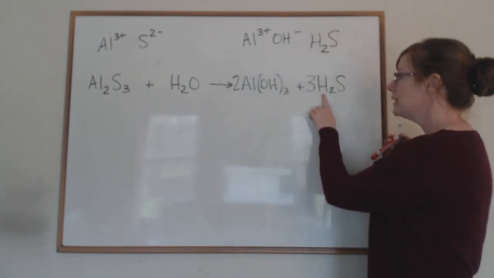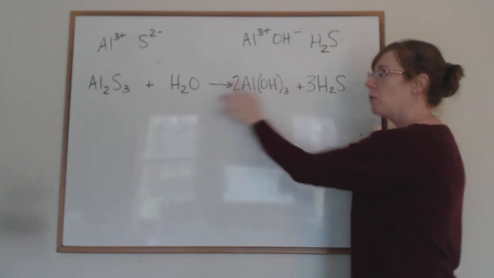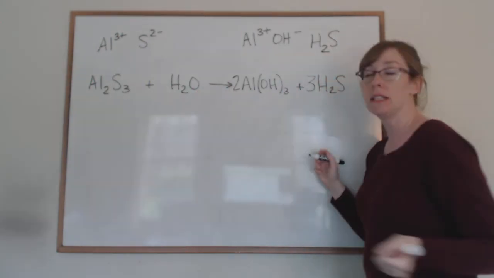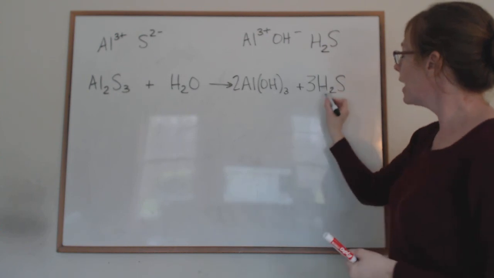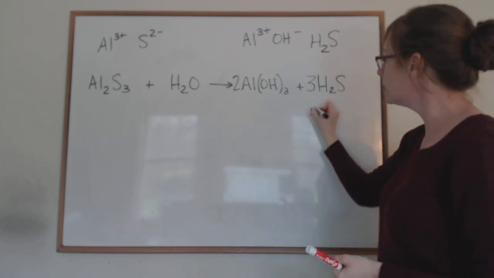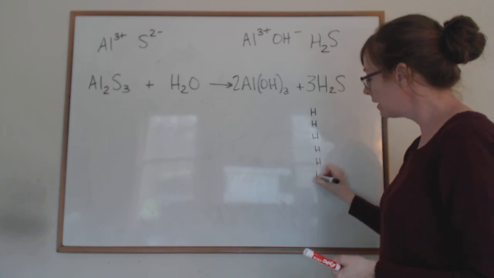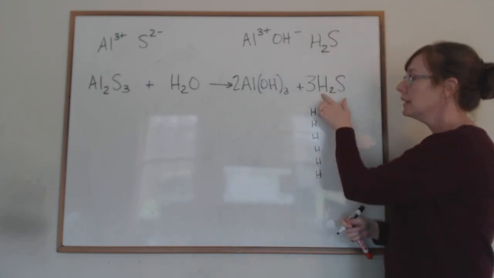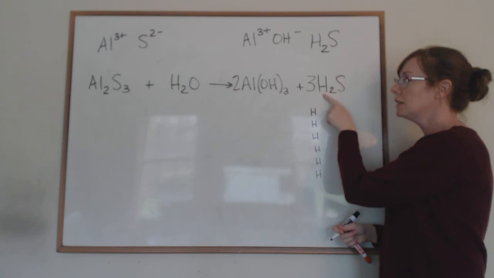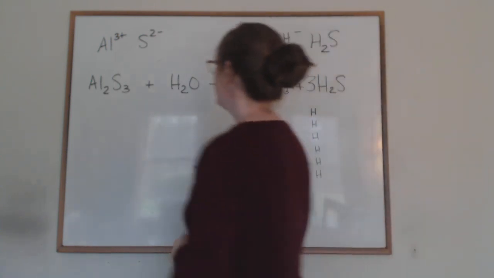If you've got H's combining with OH's to get waters, I like to think about it as, okay, how many H's do I get from this? I'll get 6 H's. I do this kind of in my head, but I get 6 H's because I've got 3 copies and this each gives me 2.